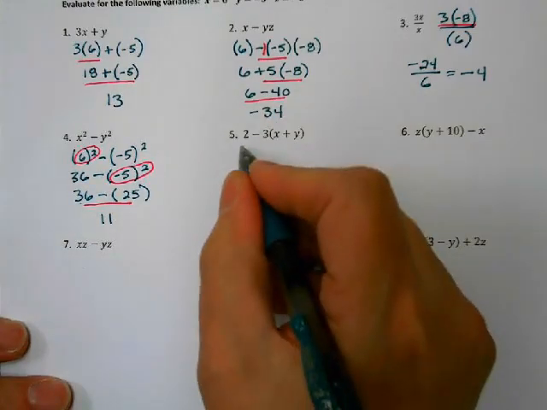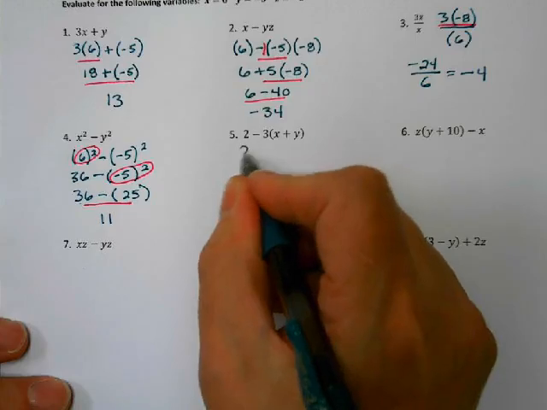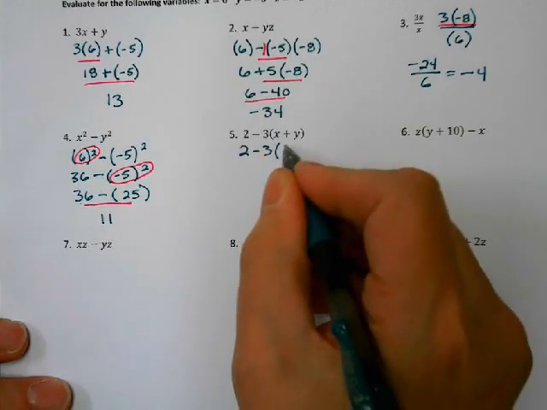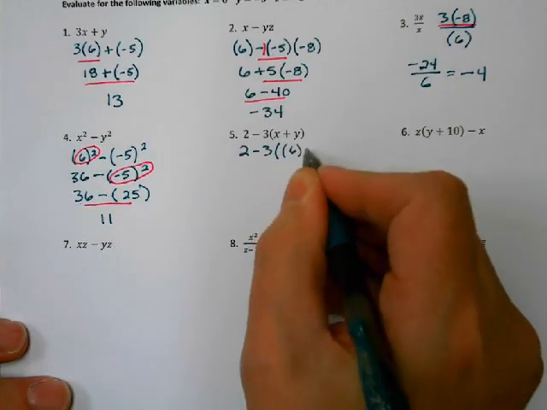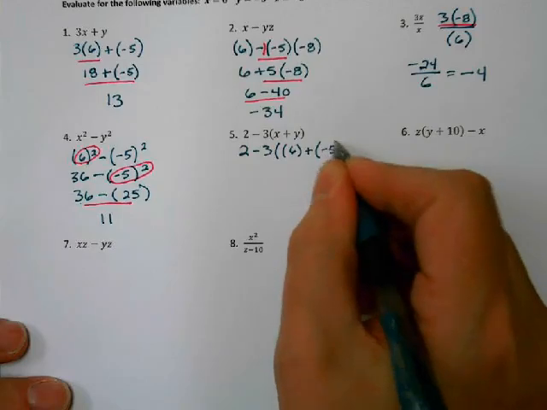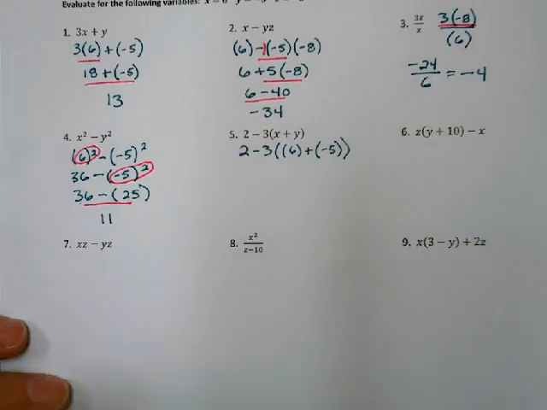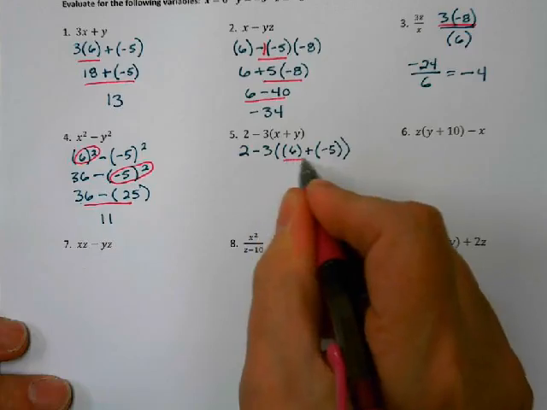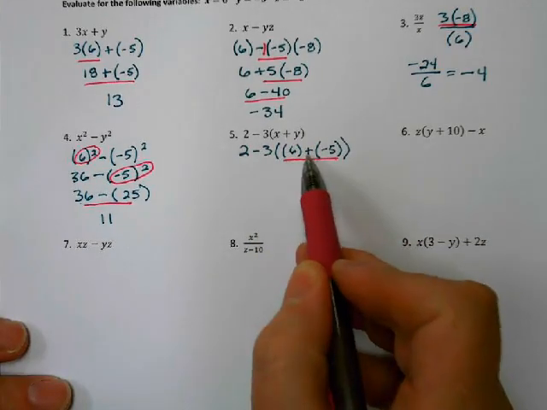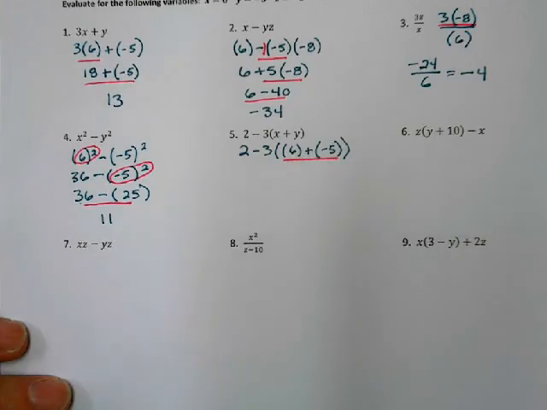All right, we are moving now. Okay, so we're going to substitute everything. Instead of x, I'm going to plug in 6. Instead of y, I'm going to plug in negative 5. All right, first operation, I'm going to look inside these parentheses. 6 plus negative 5, so that's 6 minus 5, that's going to be 1.